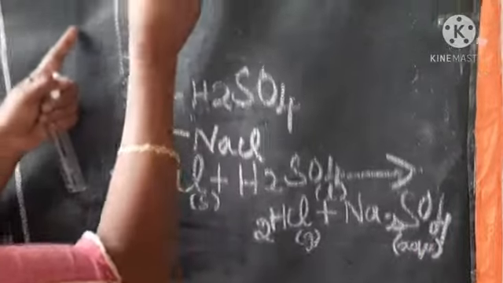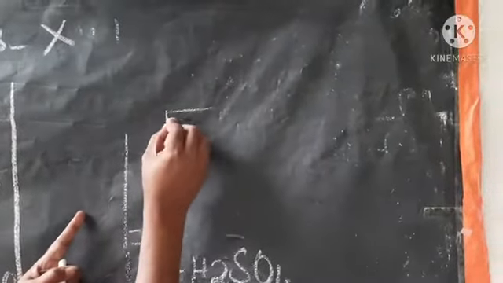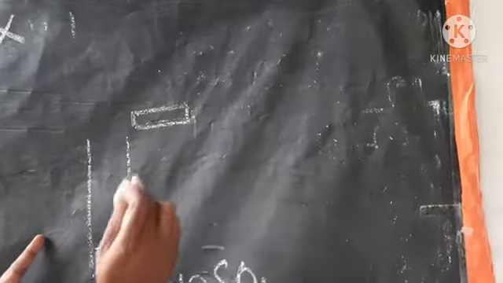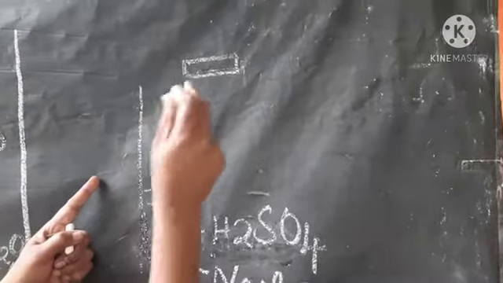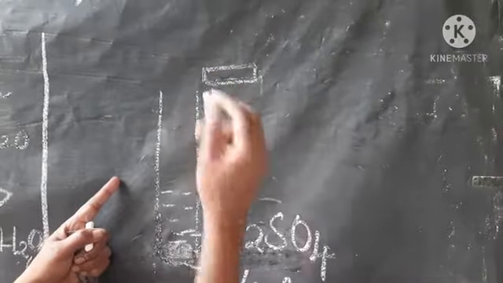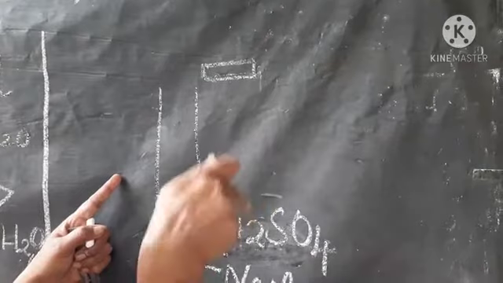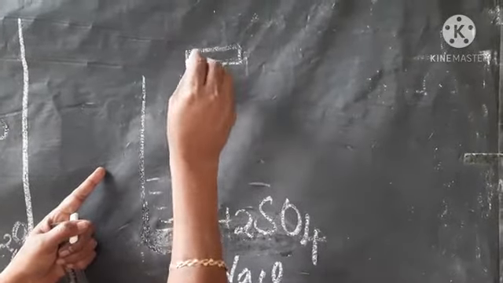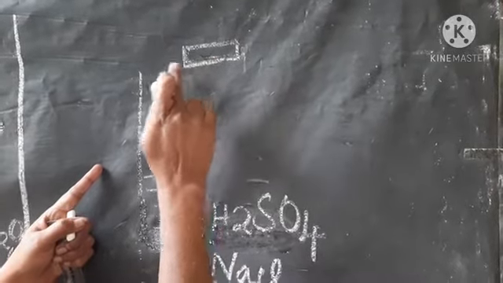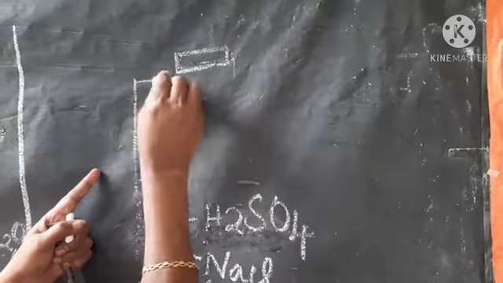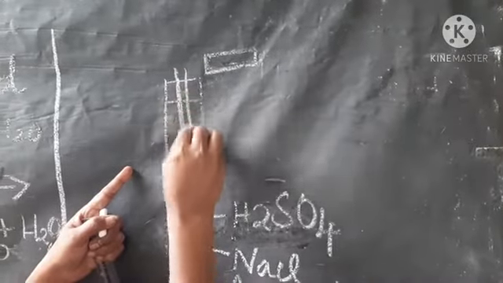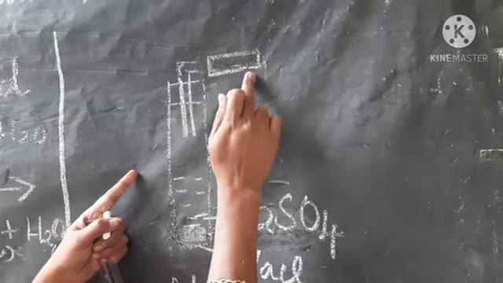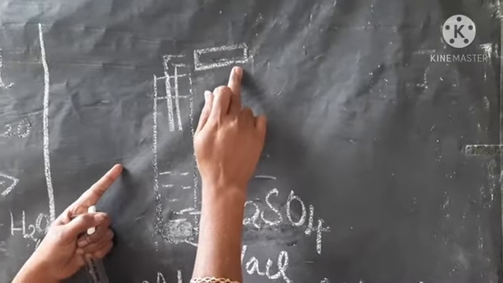Now, bring a dry litmus paper. Litmus paper color, I have shown you blue color. Now we are going to check it. Since hydrochloric gas escapes, if you bring a dry blue litmus paper near its mouth, there will not be any change in the color of the litmus paper.